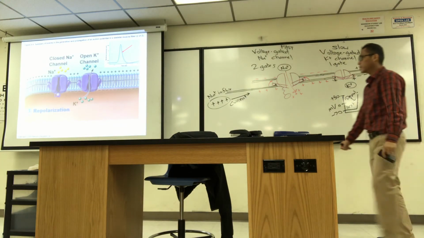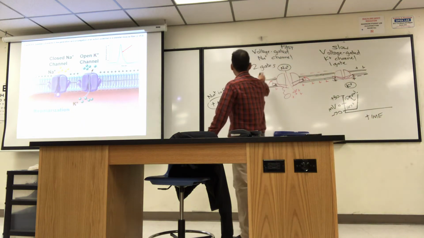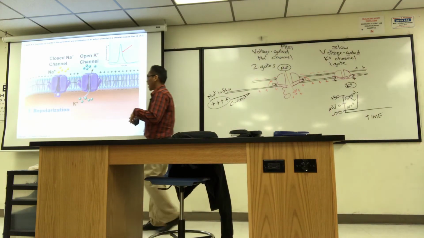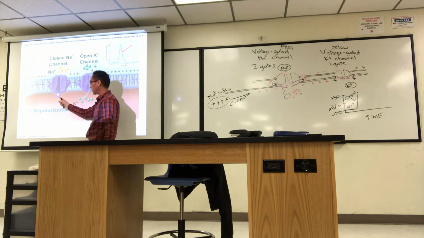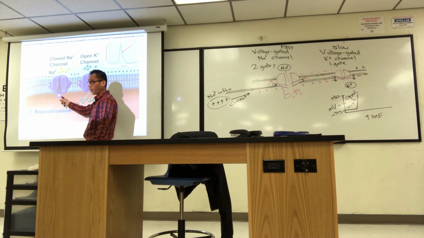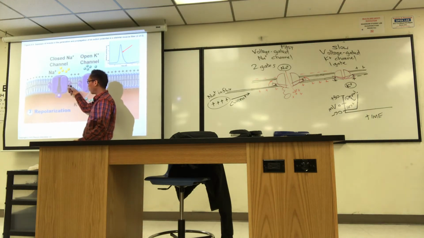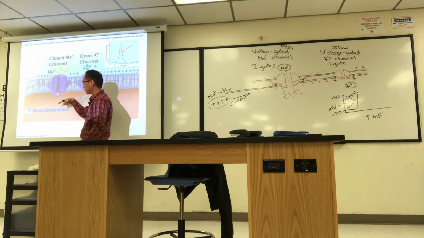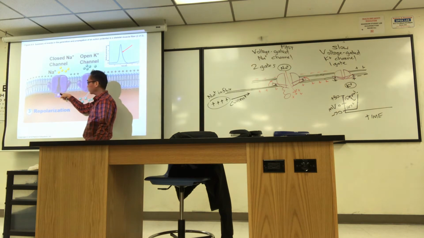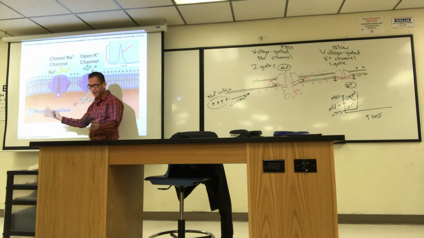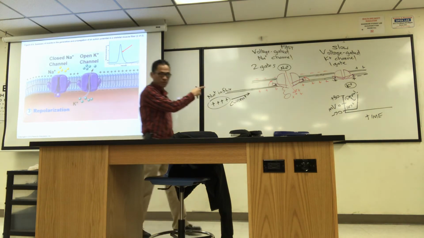Okay, so what happens is, I said the kinetics are fast. It opens really fast, but it's inactivated really fast. See that ball and chain? That's actually a real thing. It's the second gate, and it has a globular structure. So as soon as that first gate opens, it allows this mad rush in, but then it quickly inactivates. Okay, so that plug right there, they call it sodium inactivation. So let me draw that in my picture.